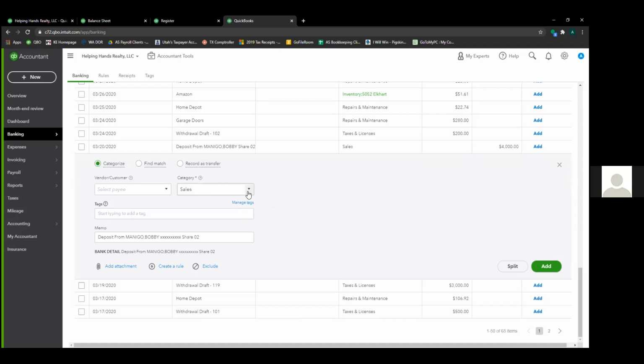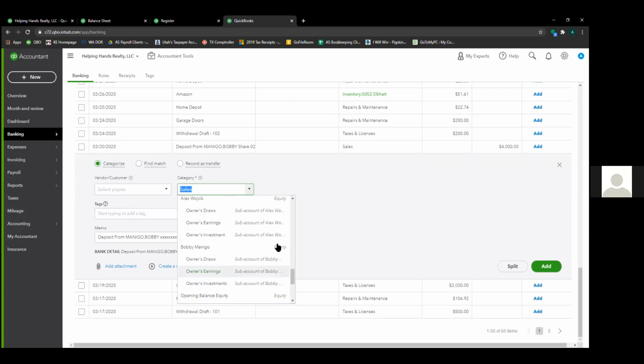So if he borrows money against the business as like an owner's draw to repay it later, how would that look? So this is money he took out, you're saying, and then put back in? Yep. So there's two ways you can do it. There's kind of the way you're thinking of it, as a loan to himself. Yep. And we could do a partner loan, or we could hit it.